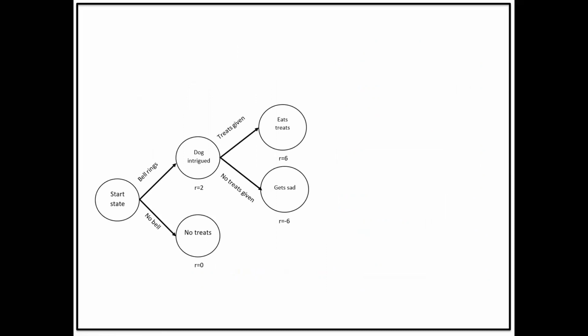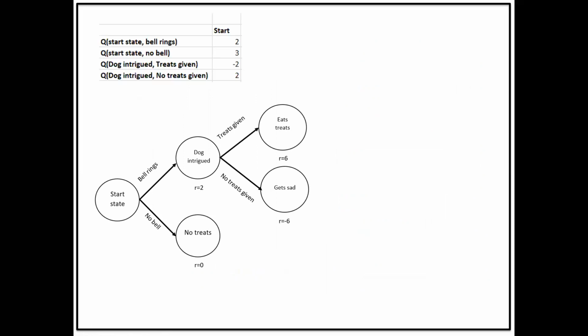This example could be extended to the example of classical conditioning, where the dog salivates for a bell ring, which we saw in discussion section last week. If you look at the start state, or the Q values here, you see the start state, bell rings, dog intrigued, no bell, no treats, and so on.